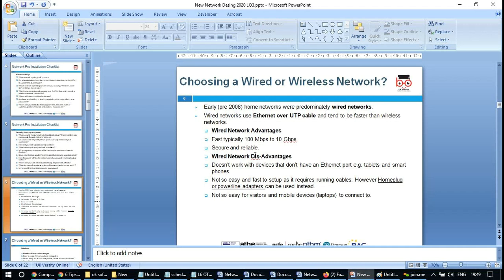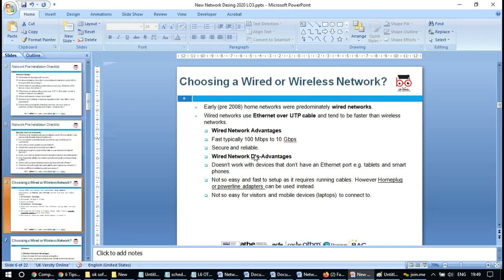However, home plug or power line adapters can be used instead. It is not so easy for visitors and mobile devices to connect. More or less, you will have to count the advantages and disadvantages of the wired and the wireless network, and select either. But obviously there isn't an either-or option; you should have both of them, isn't it?